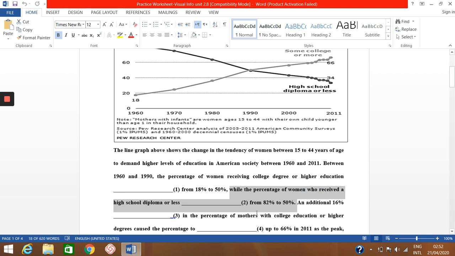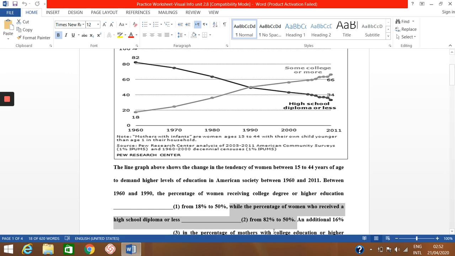So since the structure here is similar to the first part of the sentence, then I guess we have to follow the same format, because here we use verbs like increased, grow, rose, because we are describing an ascending or an upward trend, as we can see it here. The second part of the sentence, which is trying to show us some kind of contrast, is almost the same, but it is the opposite. Sorry, it's in the opposite direction.